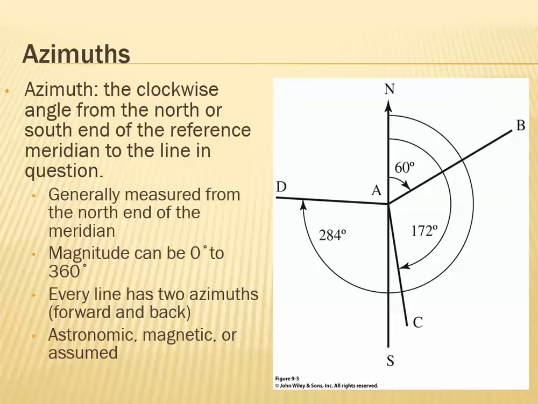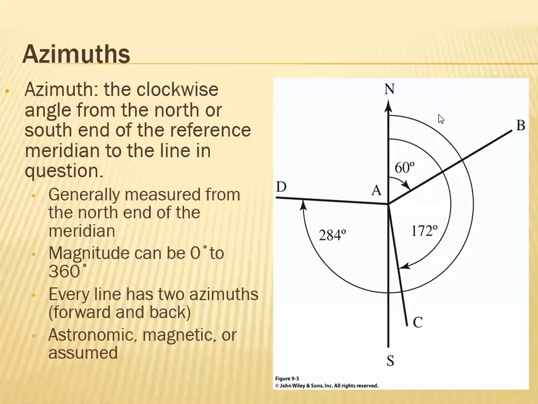That's what I meant. So if you think about it, line AB has an azimuth of 60 degrees, whereas A to C is 172 degrees, and A to D is 284. Now, what do I mean by back and forth?